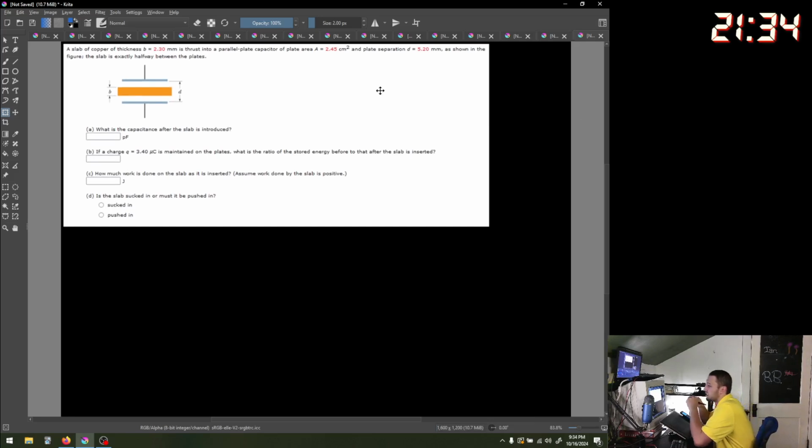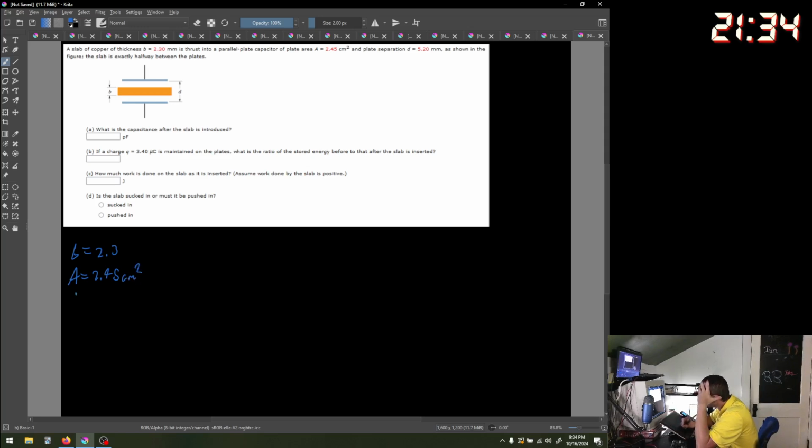Okay, a slab of copper with a thickness B. Let's just write B equals 2.3 millimeters. Area is going to be 2.45 centimeters squared.